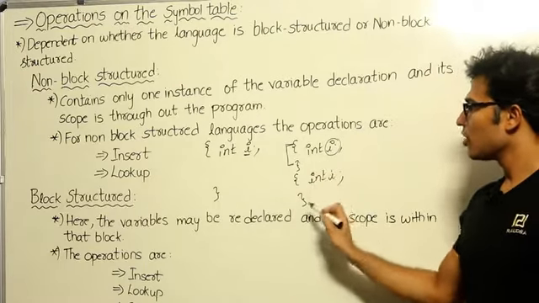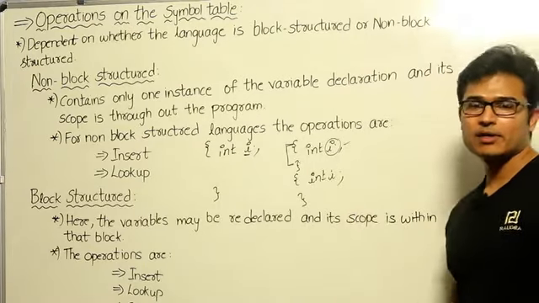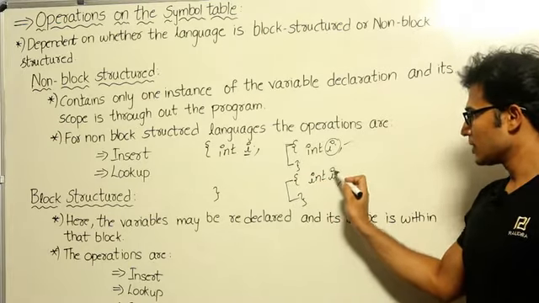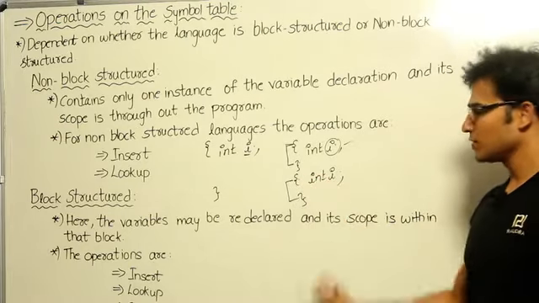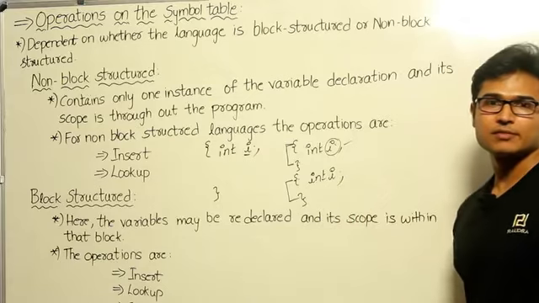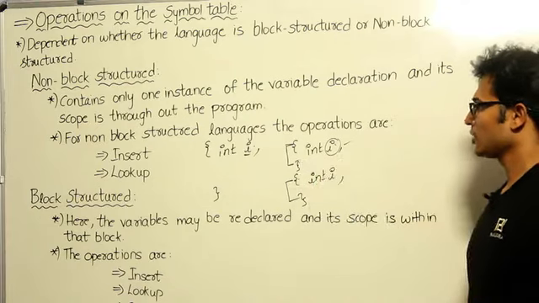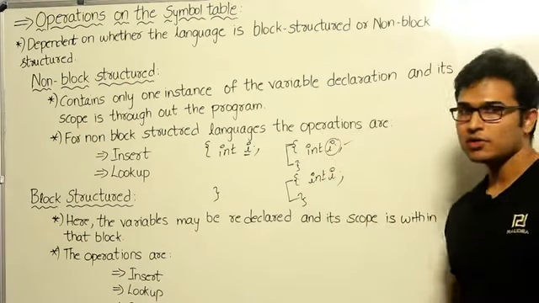Once you exit this block, then this variable is no way seen. Now if you see this, the scope of this I is from here to here, and once you exit it, this will not be seen. So depending on what type of language you are talking about, the operations are also going to change.